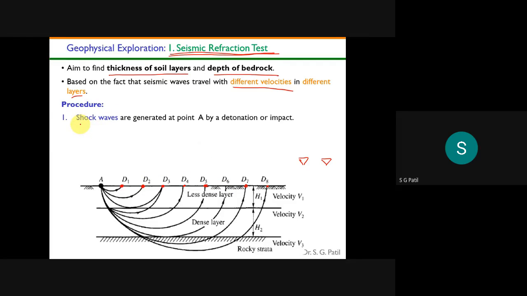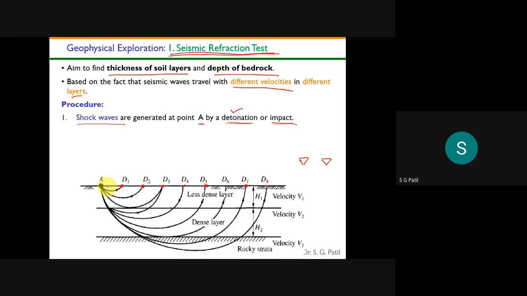First, what we are doing is creating shock waves at point A by detonation or some impact. If you are placing geophones at a very huge distance, then you can have some detonation, small crackers or some small blasting can be done here.